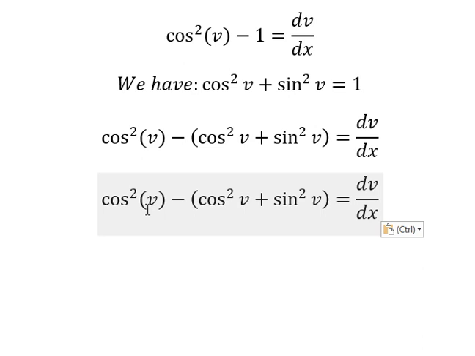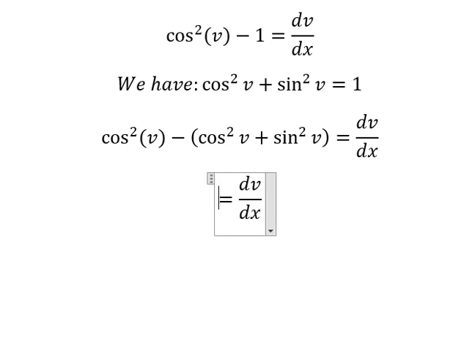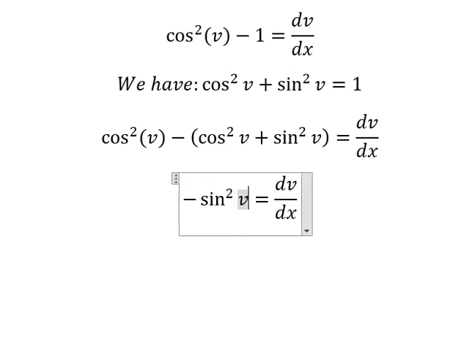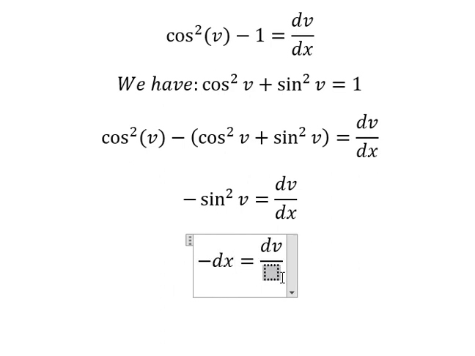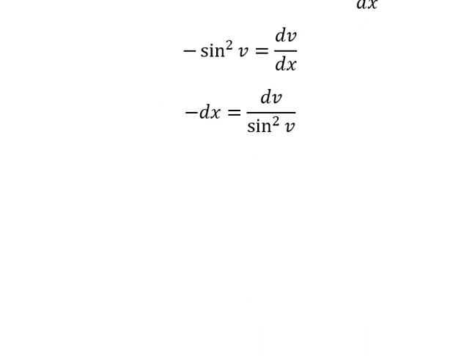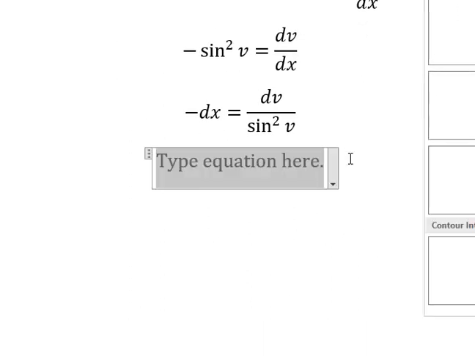So cosine v squared minus cosine v squared, we just have only negative sine v squared. So I will move this one to the right, and ds to the left. Next, we put the integration on both sides.